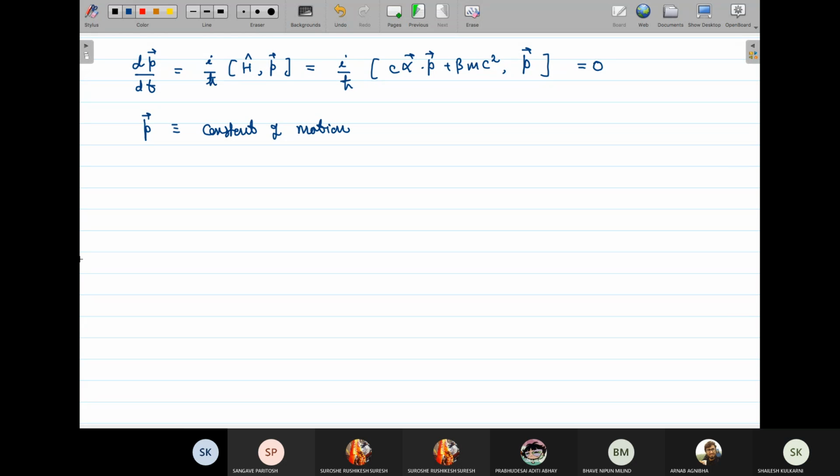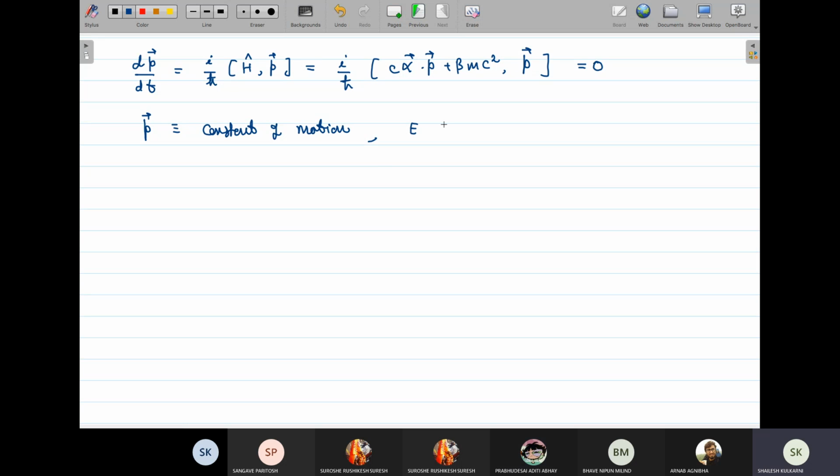What else do you expect? You have a free Dirac particle, a free relativistic particle. What else would be the constant of motion? Total energy. That is there, right? E is already there.